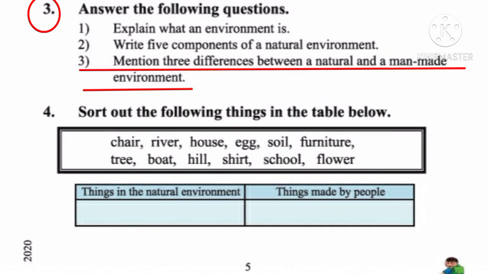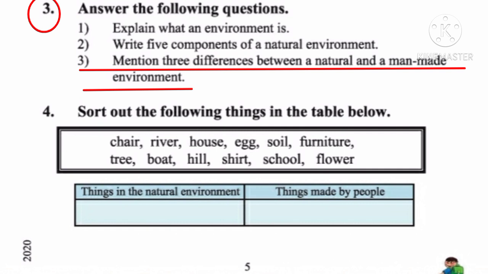Number 3, mention 3 differences between a natural and a man-made environment. Yes, dear students, there are some differences between a natural and a man-made environment. The environment whose elements are made by nature is called natural environment, but the environment whose elements are made by people is called man-made environment.